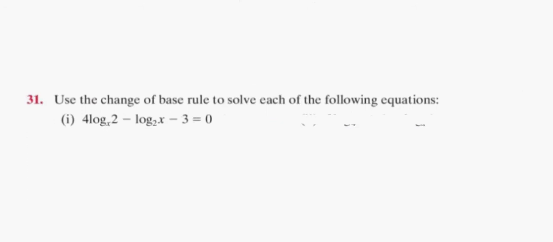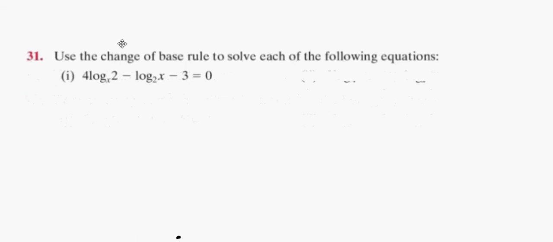Now, here's your choice. You can keep x as the base or the number as the base. From my experience, what I remember is you don't want the letter being the base. So any ideas how to change that? Change log 2 base x into what?